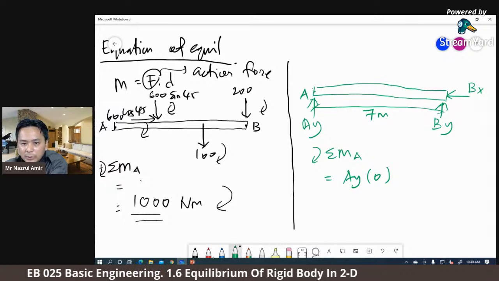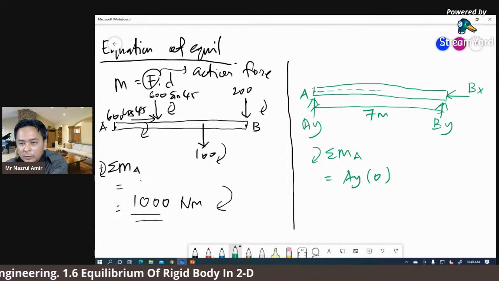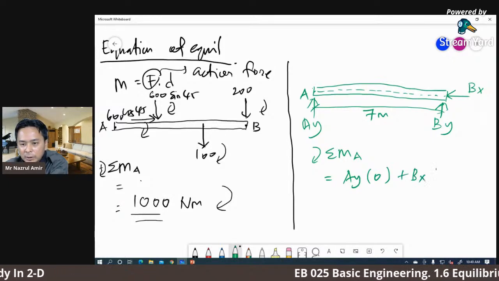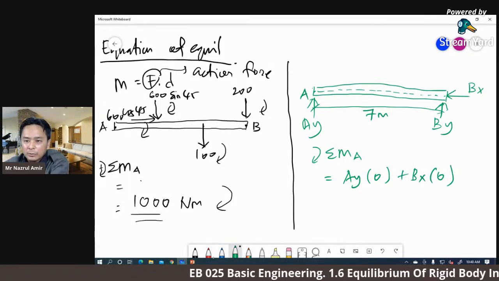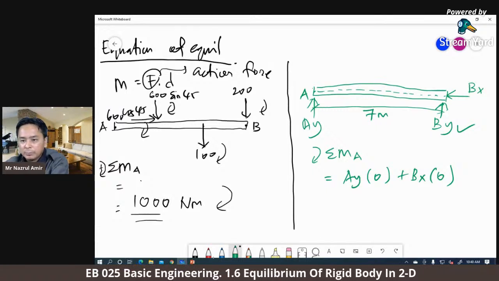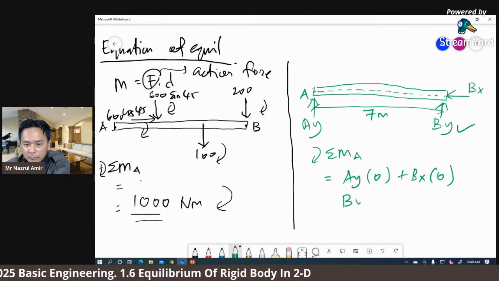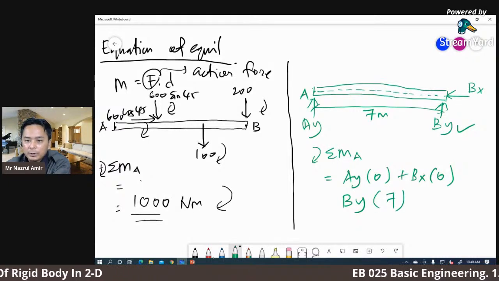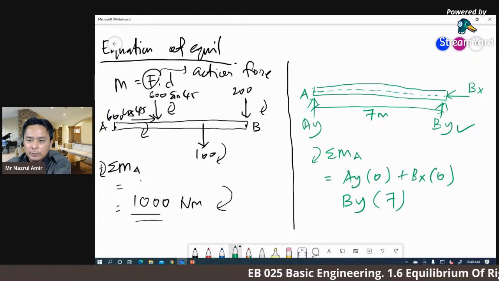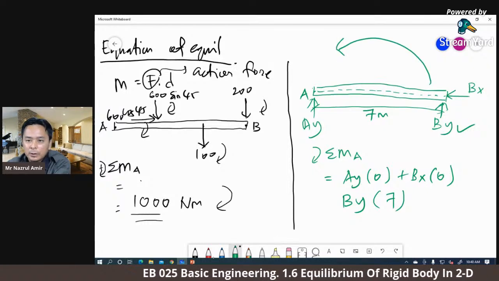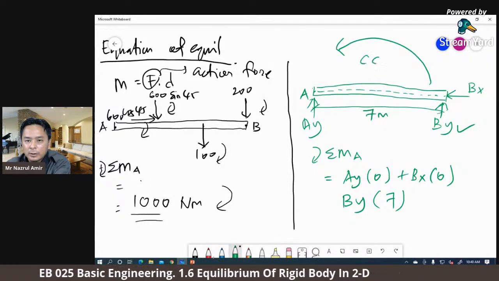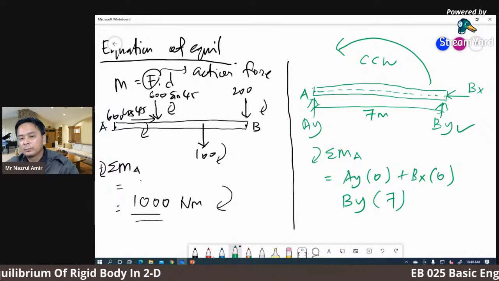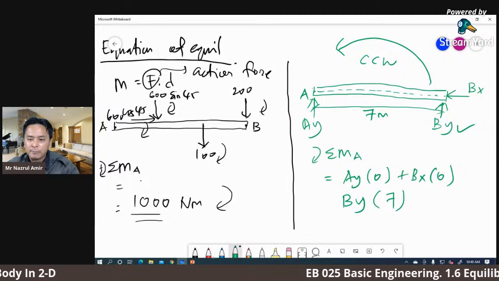Bx also acts along the same line through point A, so Bx times 0. So we only have By, By times 7, which will produce moment in the anti-clockwise, counterclockwise direction. That is the only moment produced by the reaction force at point A.